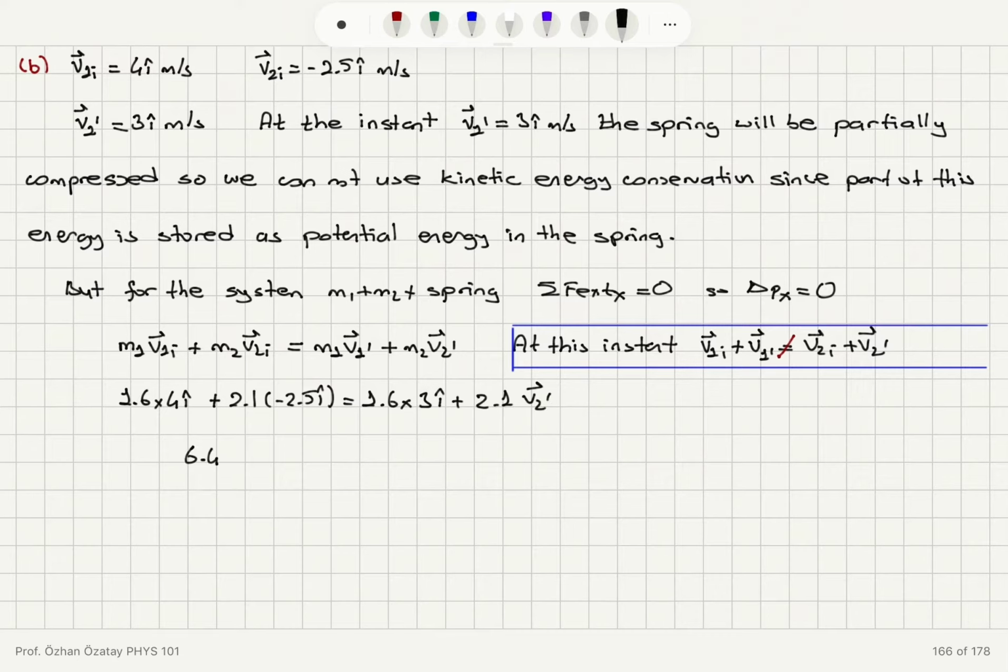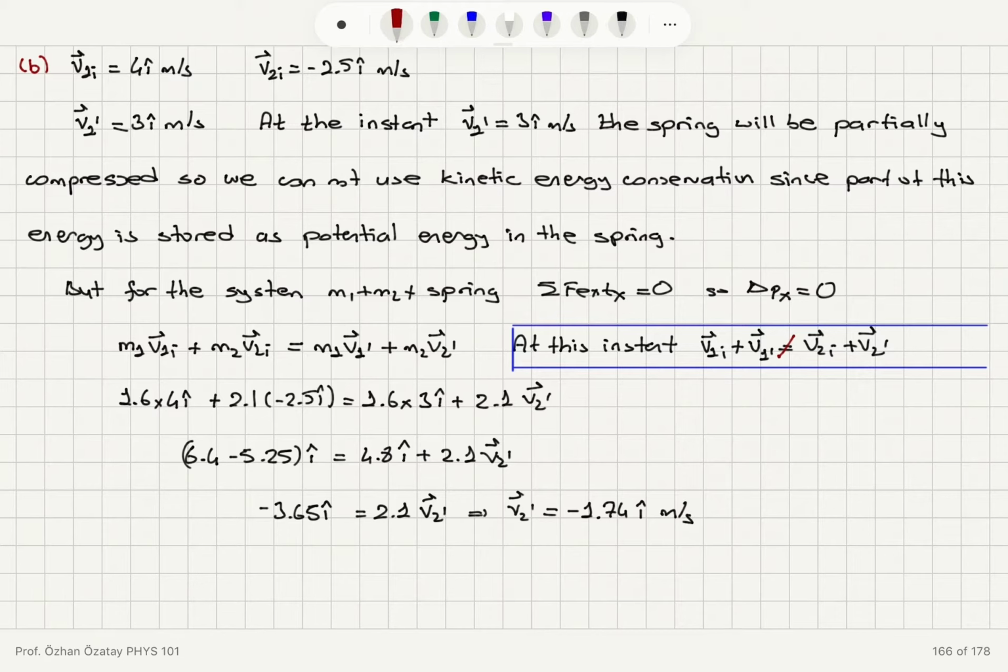So 6.4 minus 5.25 i hat is 4.8 i hat plus 2.1 V2 prime. So I obtain 6.4 minus 5.25 minus 4.8 gives me minus 3.65 i hat. This is equal to 2.1 V2 prime, and I find V2 prime to be minus 1.74 i hat meters per second.